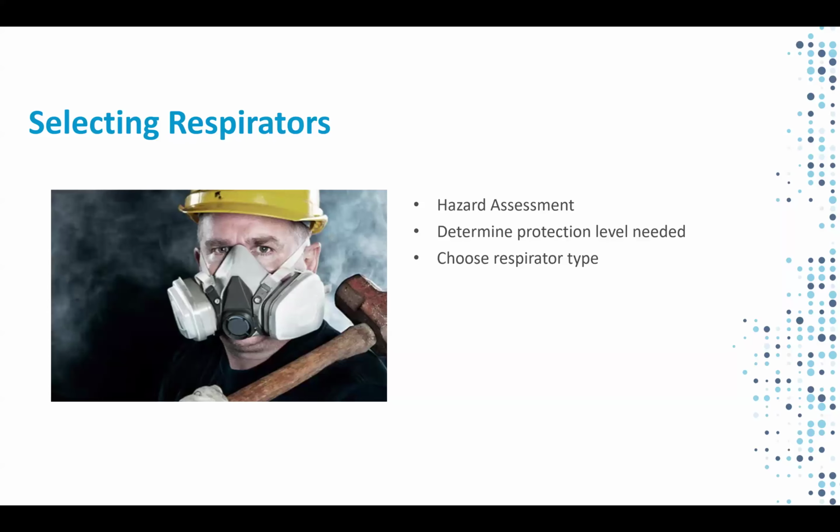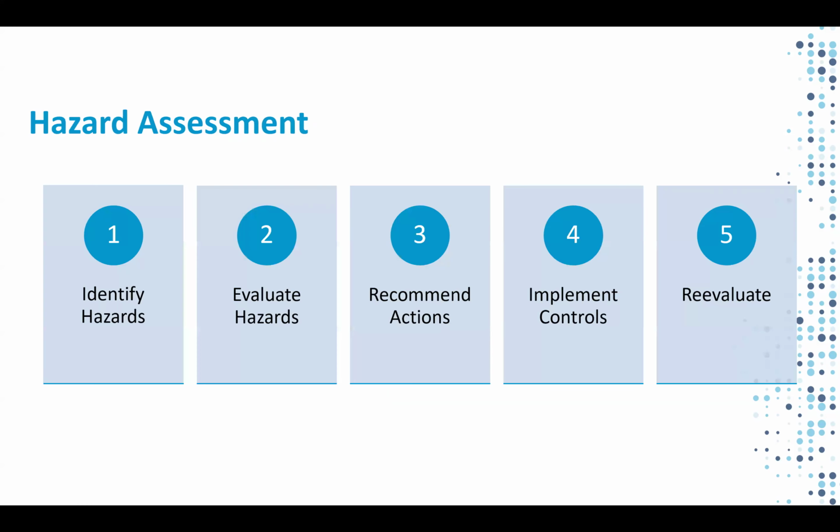Okay, so going back to selecting your respirators, you have to perform a hazard assessment. That's quantifying all of your inhalation hazards on your site, figuring out which level of protection is required for those hazards, based on whichever exposure limit you're referencing, and then you choose the appropriate respirator type. So hazard assessment is a huge process all in its own.